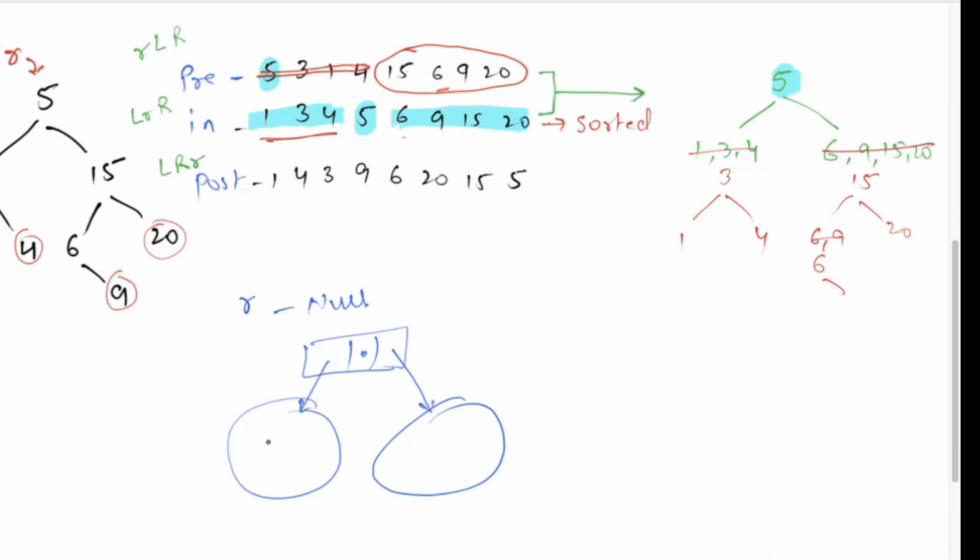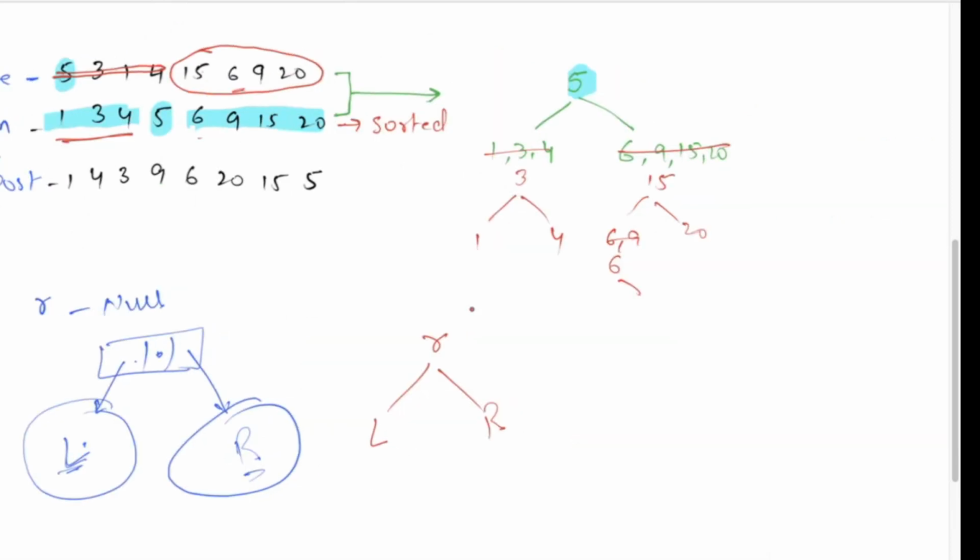Which means that either the left subtree is null or the left subtree also has a node which is the root of the left subtree. Either the right subtree is null or the right subtree also has a node which is the root of the right subtree, right? So what I was coming to was that most of the binary tree problems are solved like this. In binary tree problems, we consider three things: the root, the left subtree, and the right subtree.